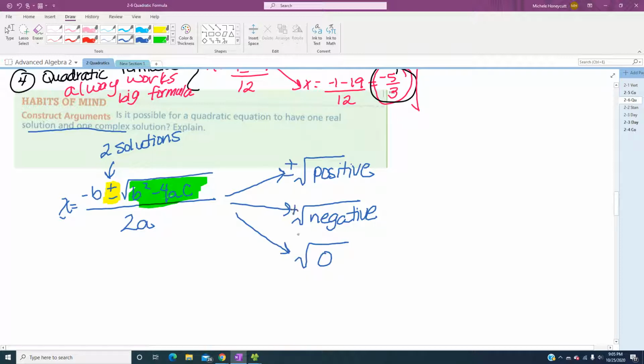So I'm going to bring the plus or minus out, and only explore the part underneath. Well, the square root of a positive number is a real number. So if I had a positive number under a radical, that would leave me with plus or minus a real number, which means two real solutions.